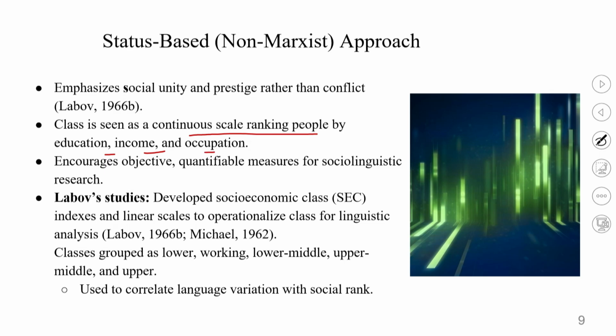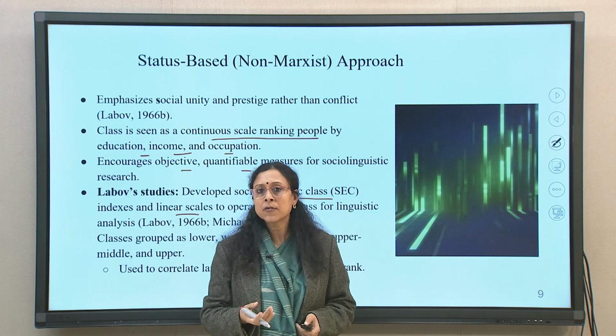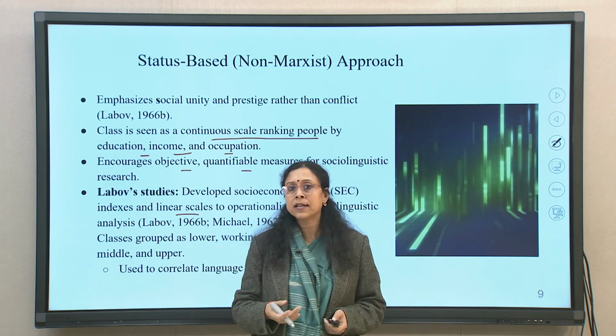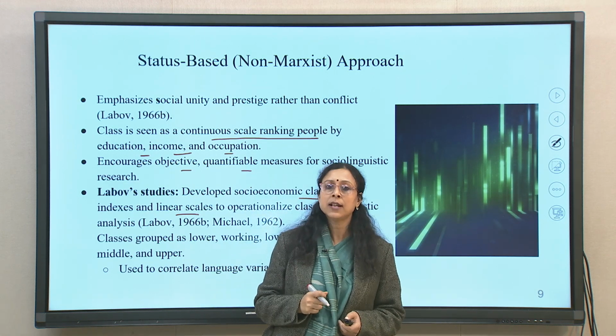So, this method encourages objective quantifiable measures for sociolinguistic research, and he developed socio-economic class indexes, linear scales and so on for using. So, he developed a lot of quantitative methods for understanding and studying class with respect to language.